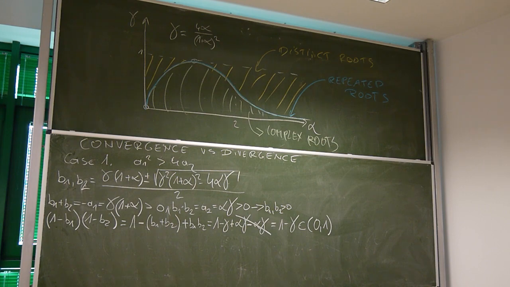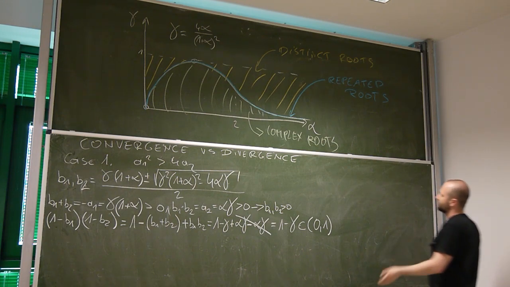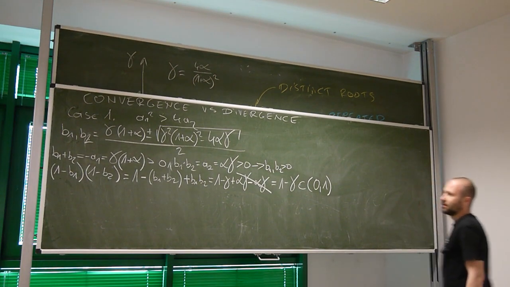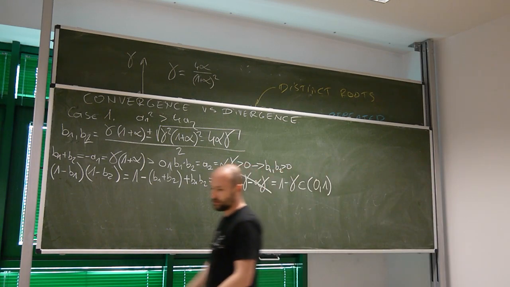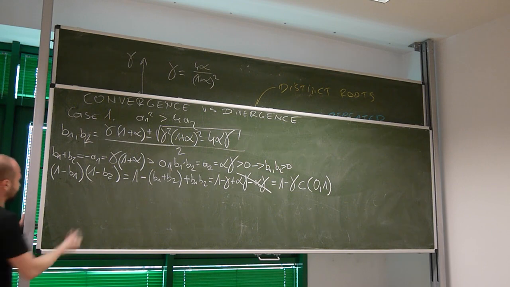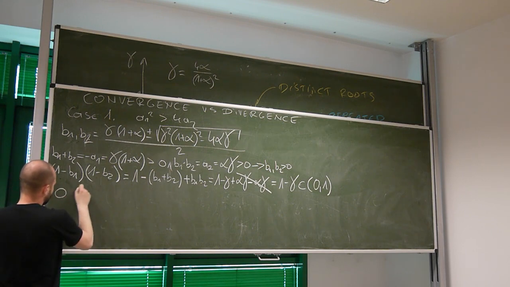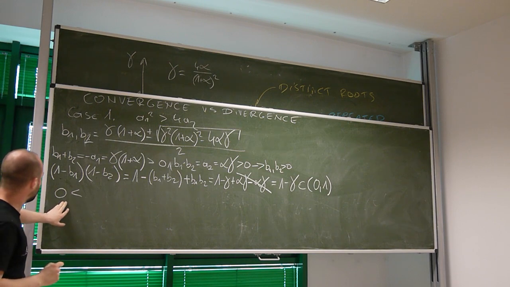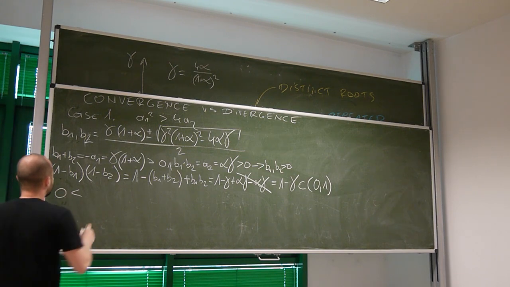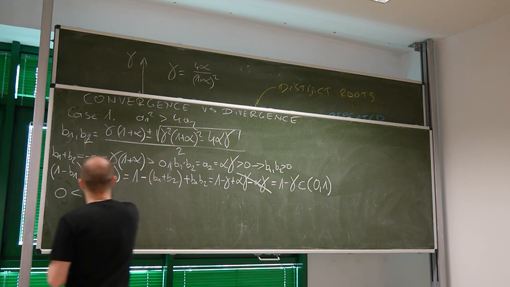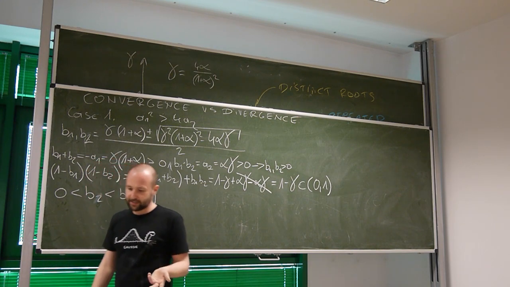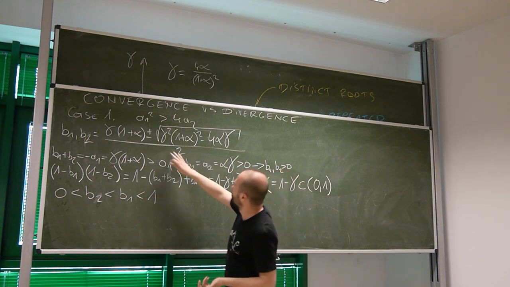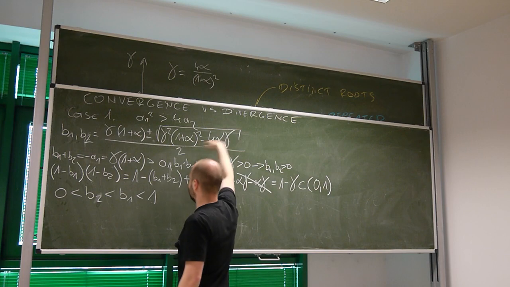Okay, so look, knowing all these things, we can go and check which values of b1 and b2 here are permitted. And let's go step by step. Look, if 0 is lower than b2, which is lower than b1, which is lower than 1, of course, we remember that b2 is always lower because we subtract a positive number.